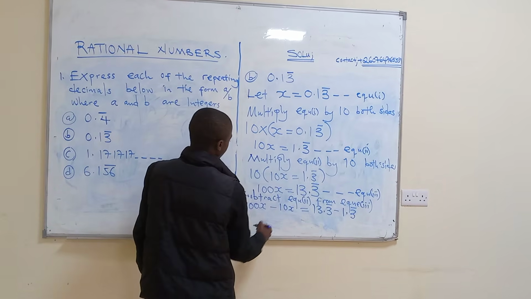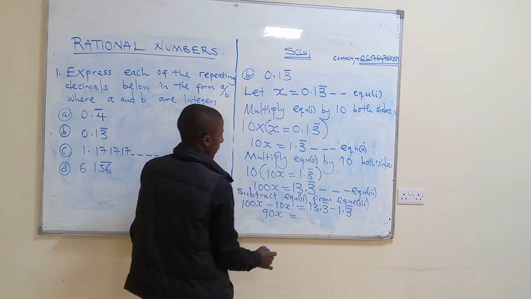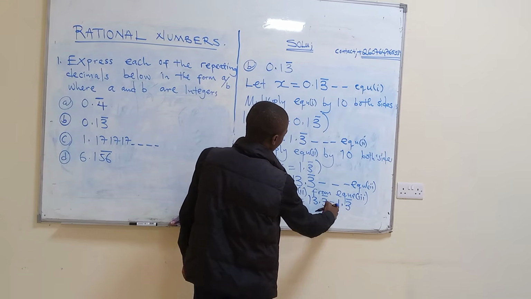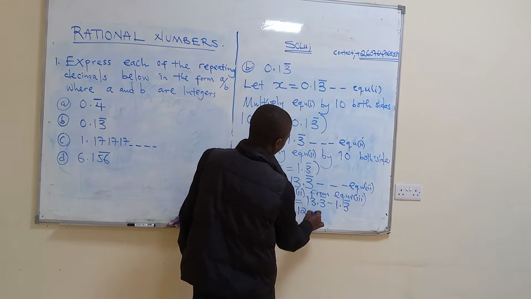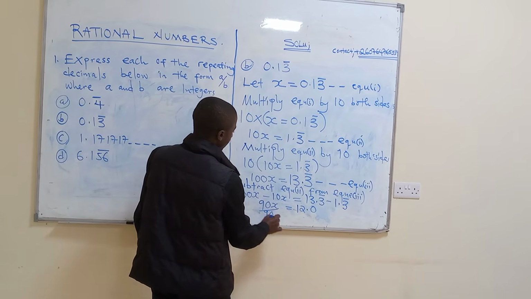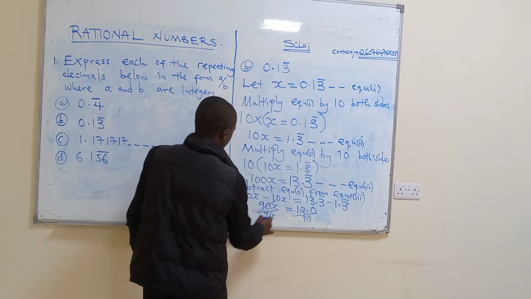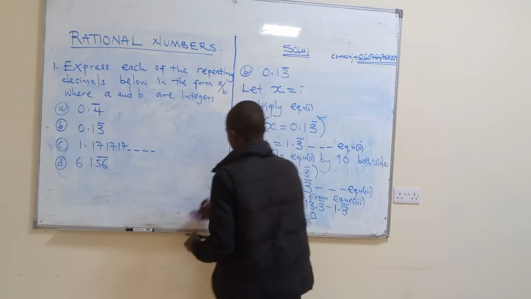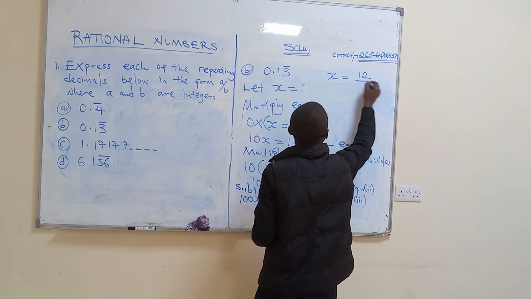So when you subtract, you're going to get 90x equals, that is 3 minus 3, you're getting 0. So 13 minus 1, that is 12. So 12.0. So from there, you divide both sides by what? 90. Also here by 90. So you cancel, and your final answer is x equals 12 over 90.